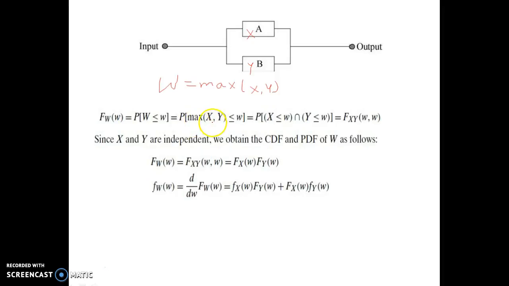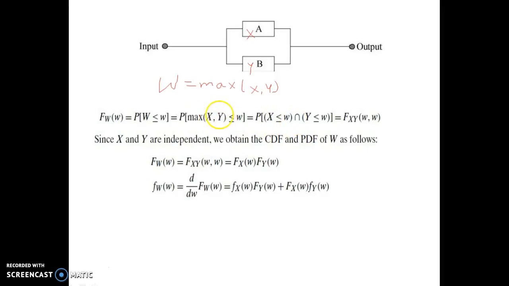Let me repeat again, if any of these two random variables, X or Y, is less than or equal to w, since we are finding the maximum of the two independent random variables, automatically the other one will be less than or equal to w. So we will have the intersection of these two events. That is, if X is less than or equal to w, it is the maximum of X and Y, then automatically Y will also be less than or equal to w.